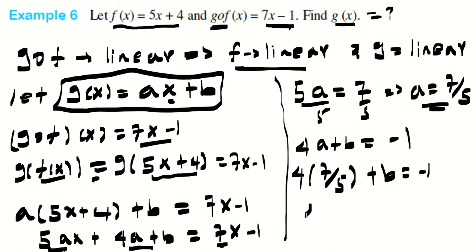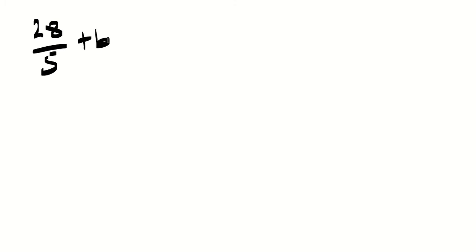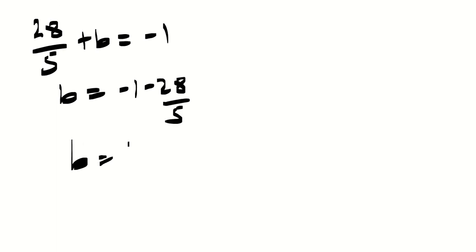Then multiply: 28 over 5 plus b is equal to negative 1. Then the b value will be, you need to remove this one, negative 1 minus 28 over 5. So the b value will be negative 5 minus 28, which is negative 33 over 5. This is the value of b.